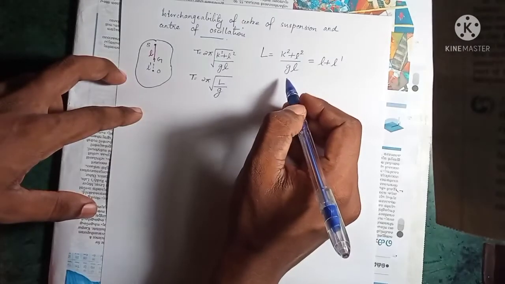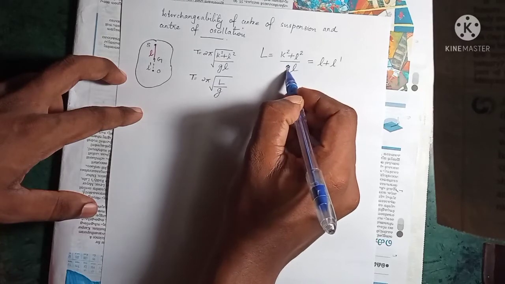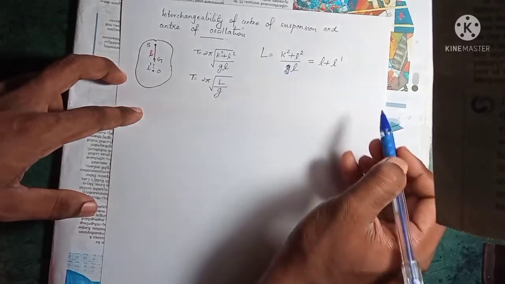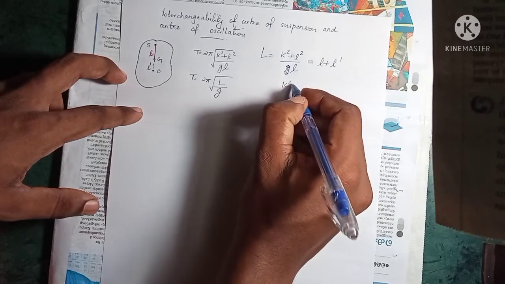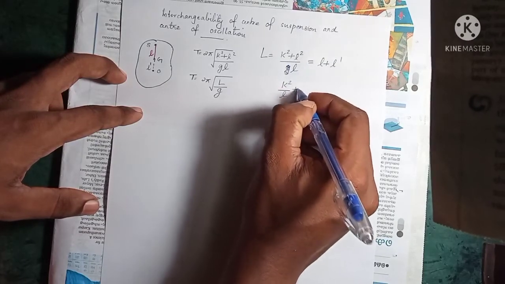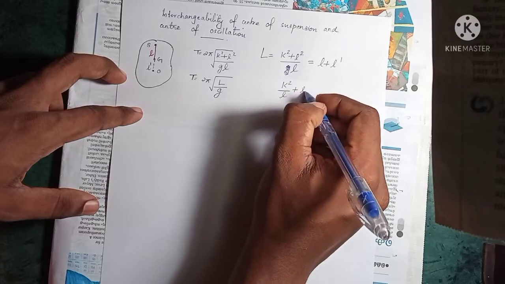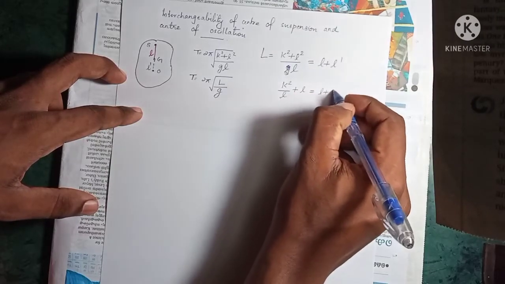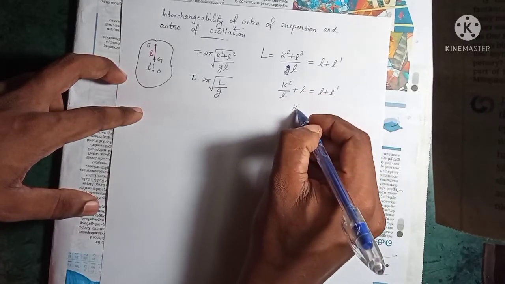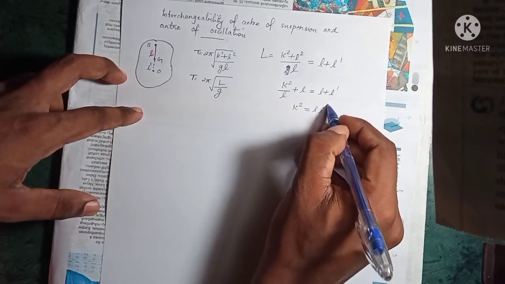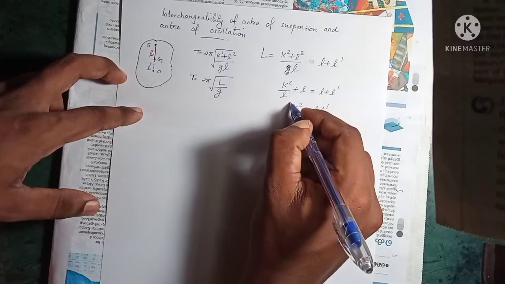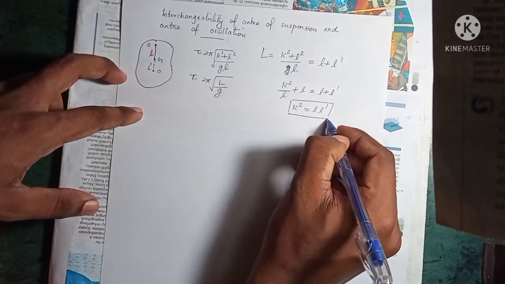So this can be, not G, K square plus L square upon small l. So this can be further written as K square upon L plus L equals L plus L dash, and K square upon L cancels and K square equals L L dash. So this value is a constant.